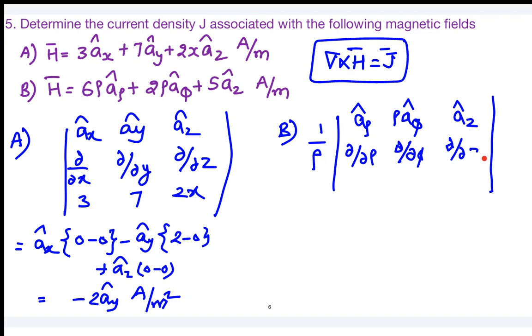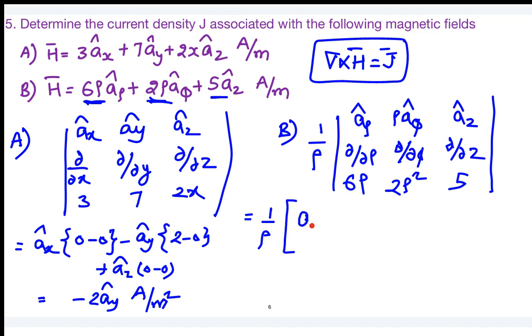And the third row will be the coefficients multiplied with the scaling factors. So 6 rho into 1 and 2 rho into rho, that will be 2 rho square. And the last one will be 5 into 1. You can simplify that. So when it is cylindrical or spherical, be careful with the scaling factor. 1 by rho, A rho cap into.